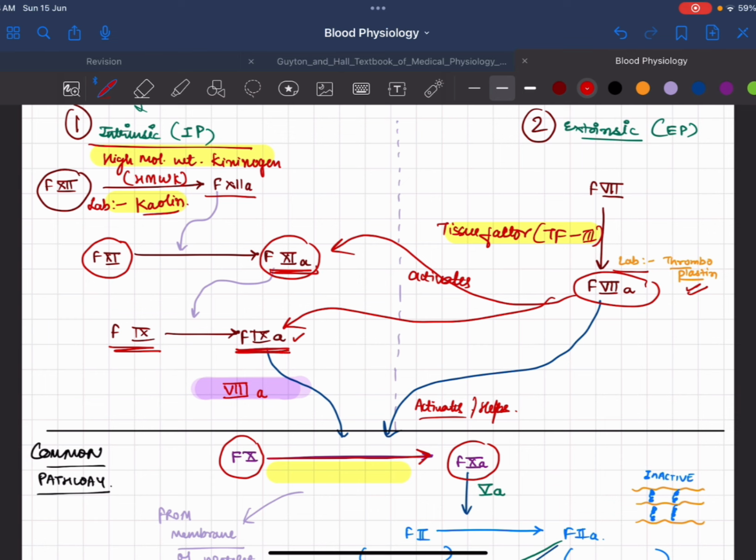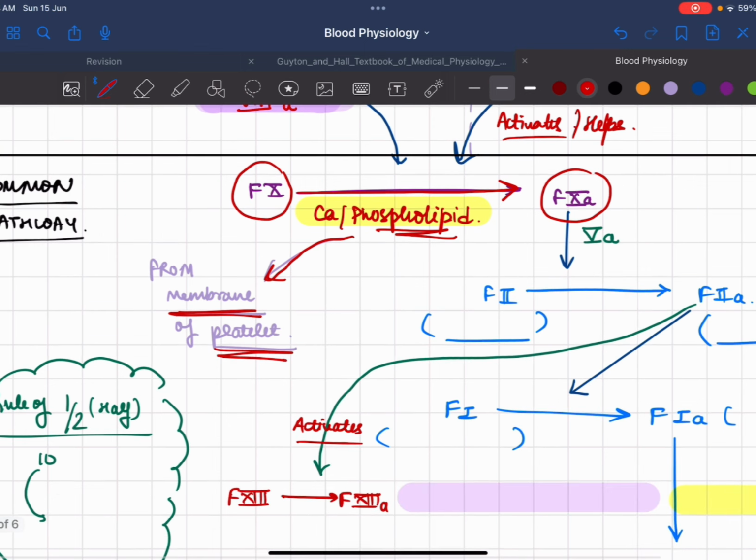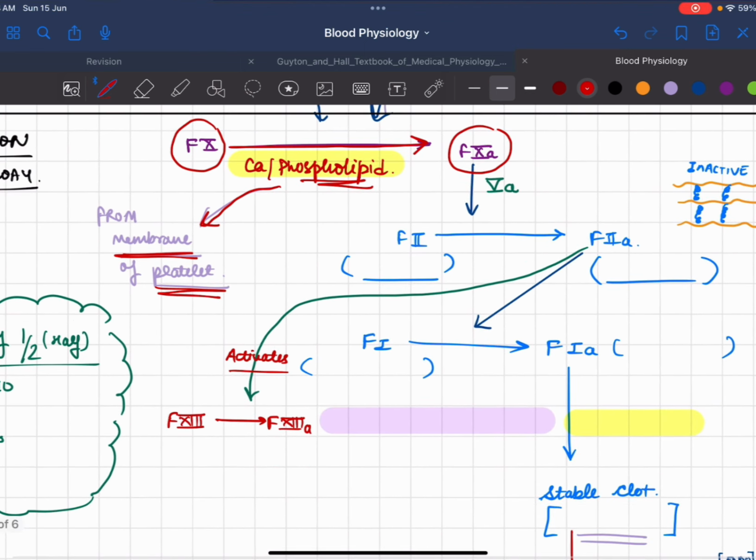Now in this conversion one more thing is also needed, calcium or phospholipid. Where does this phospholipid come from? We know that phospholipids are present in the membrane, and which membrane are we referring to here? It is the membrane of the platelet.